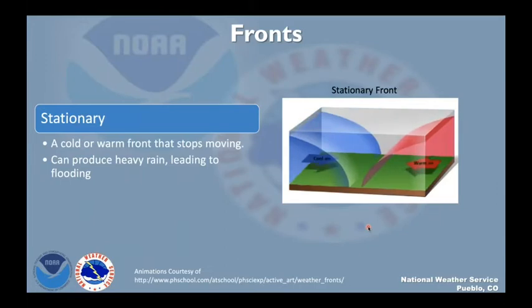There are also stationary fronts. As the graphic depicts, it's kind of a battle between cold air and warm air, just sitting stalled next to each other, hence the name stationary. This also means that storms can be produced right in the center point there. It can produce heavy rain, and it can also lead to flooding. We don't really get that here.